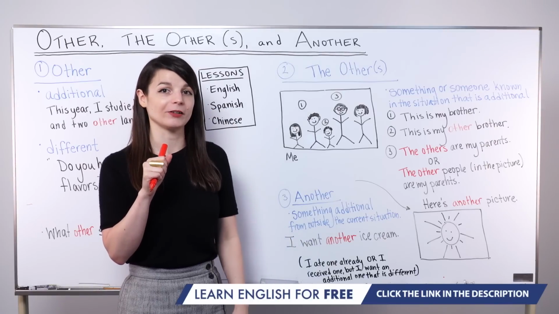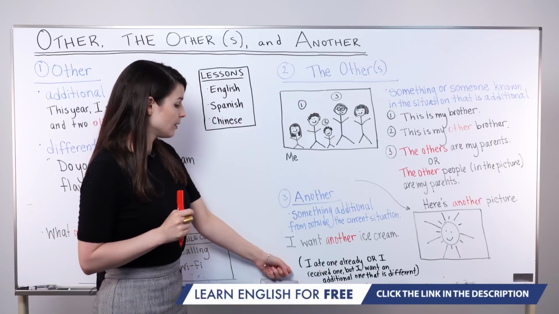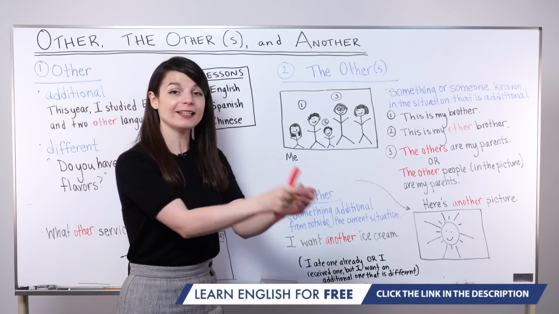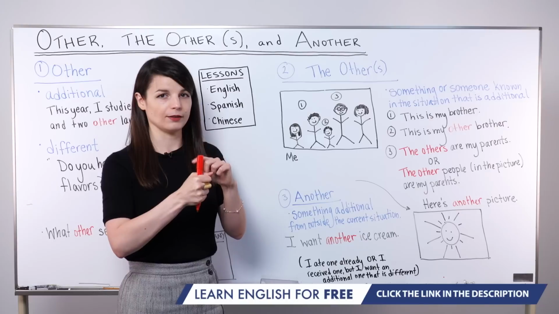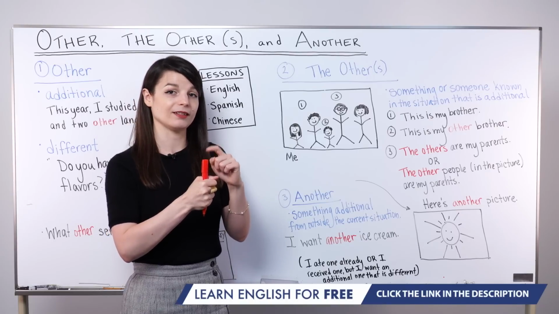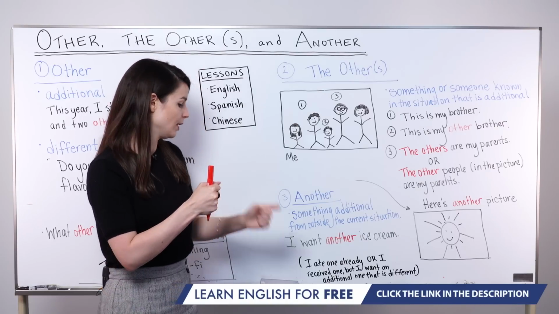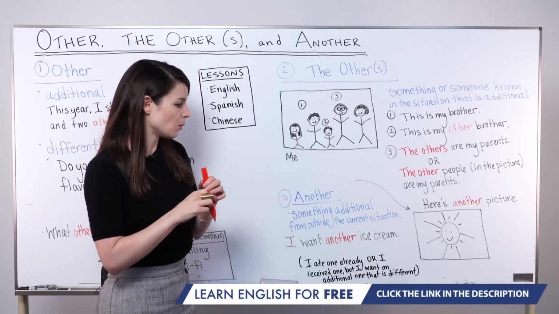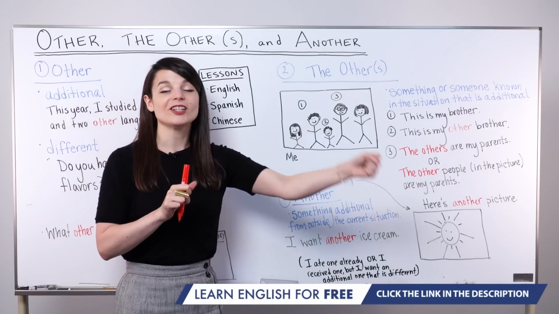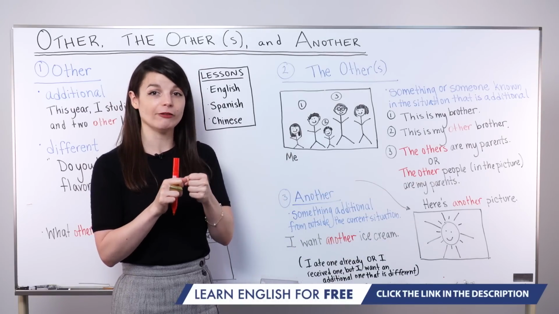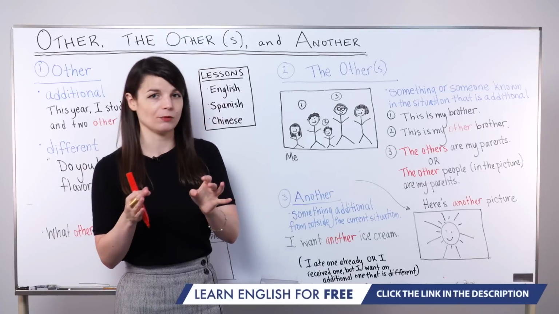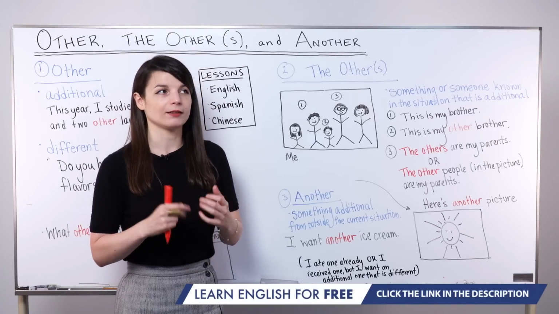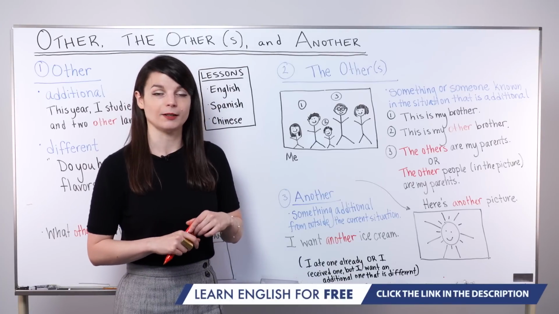"I want another ice cream." Or the speaker received an ice cream, but the speaker doesn't want this one. Maybe the speaker wants a different flavor, for example. So the speaker wants an additional ice cream that is different from the first ice cream they received. So depending on the situation, it's kind of up to the situation, really.